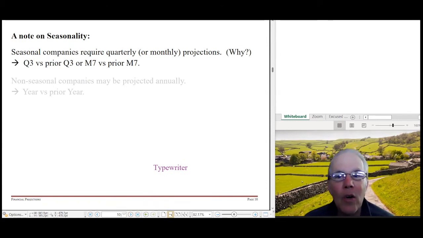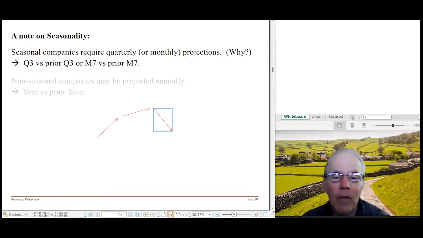Okay, quick note on seasonality. Seasonal companies are going to require at least quarterly projections, possibly monthly projections. And the reason for that, as we saw earlier in chapter 6, is if we plot, for example, the sales of a company over 4 quarters of a year, it might look something like that for a seasonal company, and for a non-seasonal company, it might look something like this.